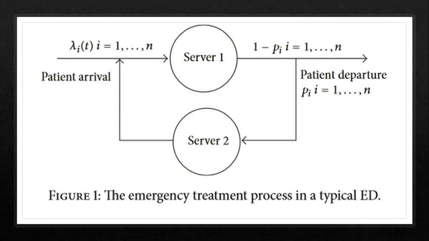After seeing the doctor, the patients either leave the system or enter their second stage, queuing before Server 2 and waiting for examination or testing. Upon getting their examination or testing results, the patients enter their third stage, which is queuing before Server 1 and waiting to see the doctor again, as we can observe from this figure.